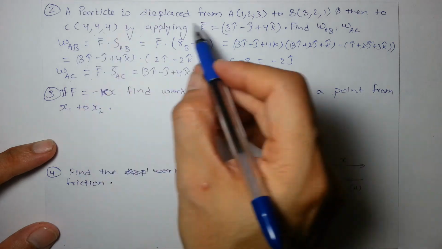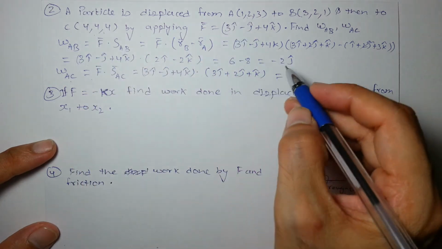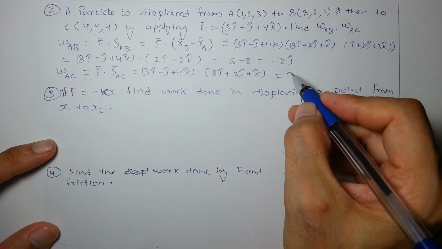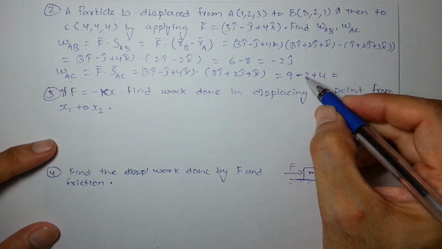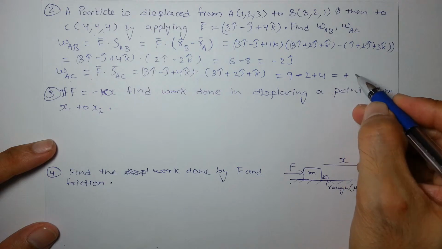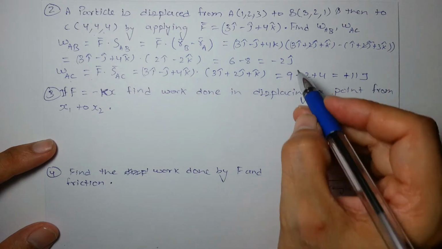I have taken the difference orally, so we'll get 9 minus 2 plus 4, which is 13 minus 2, 11, plus 11 joule of work.